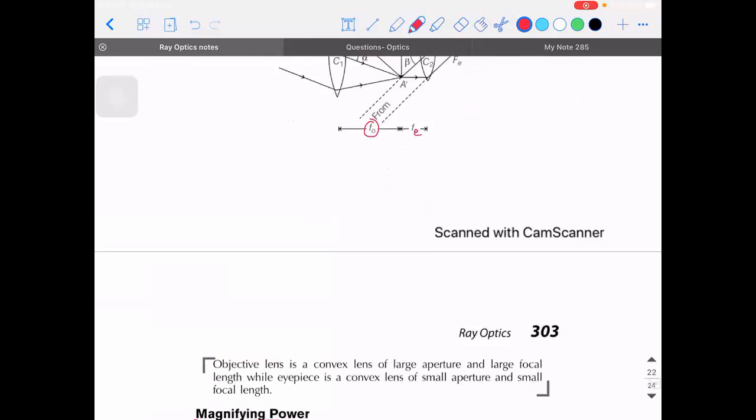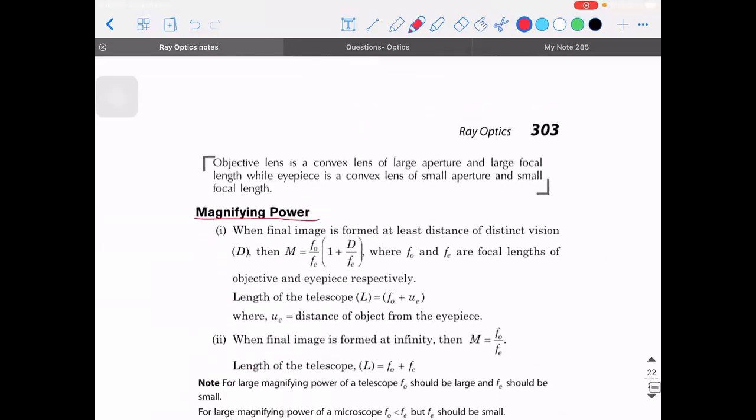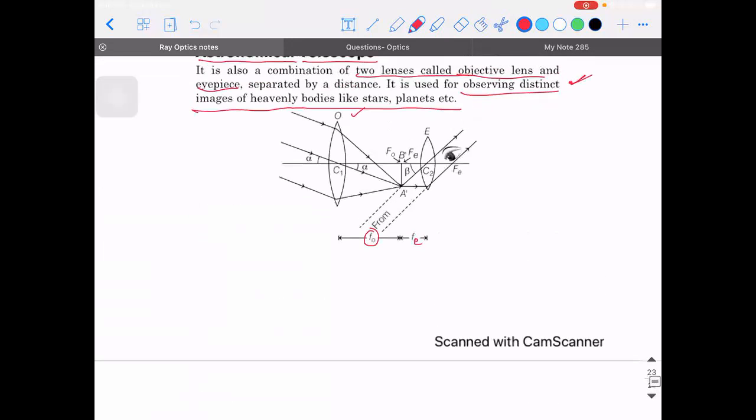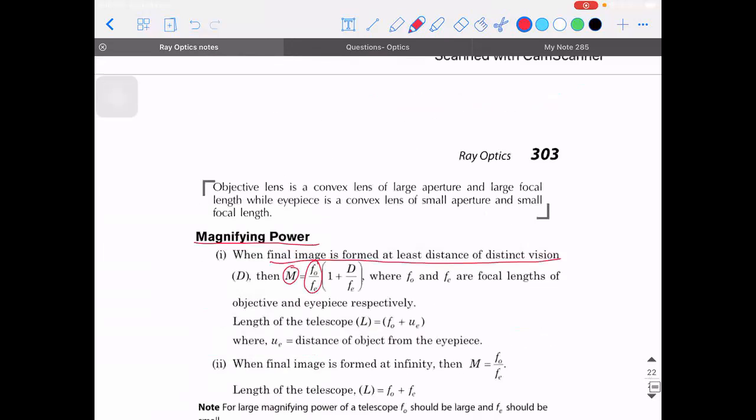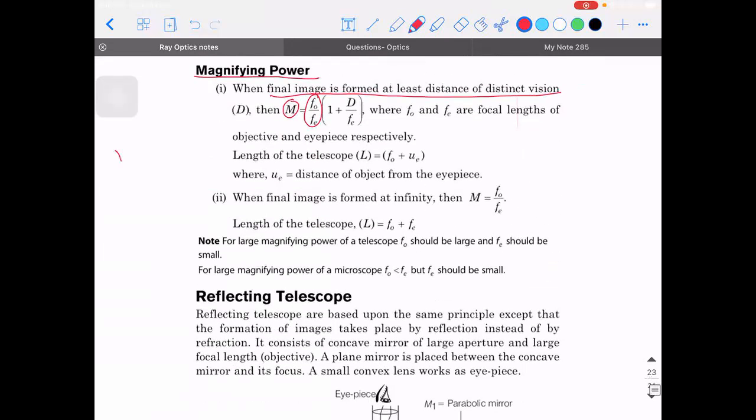The magnifying power of the objective is f naught by fe, which can be derived using the lens formula 1 by v minus 1 by u is equal to 1 by f.